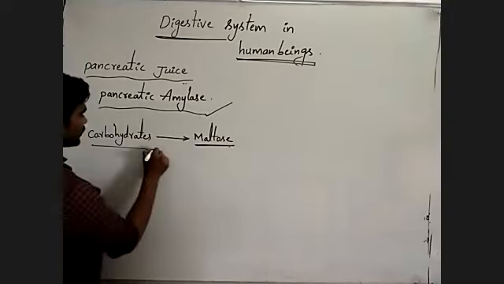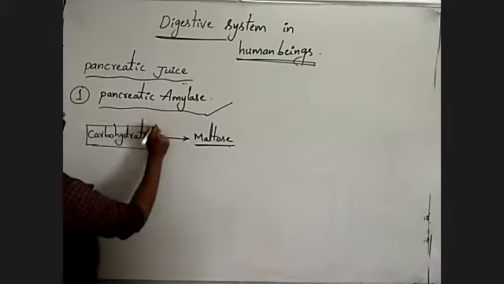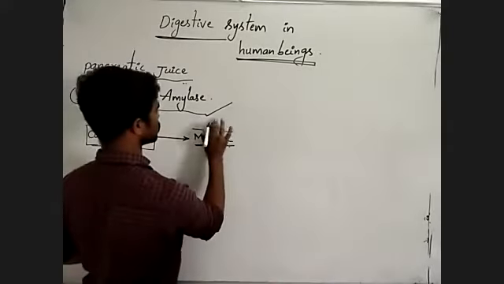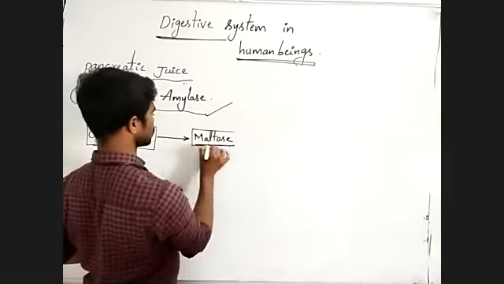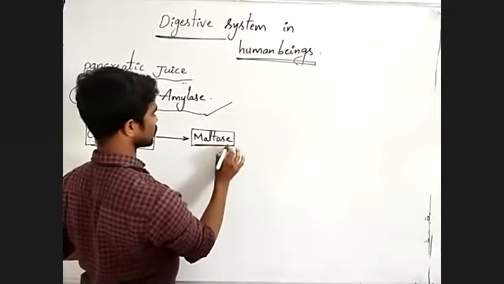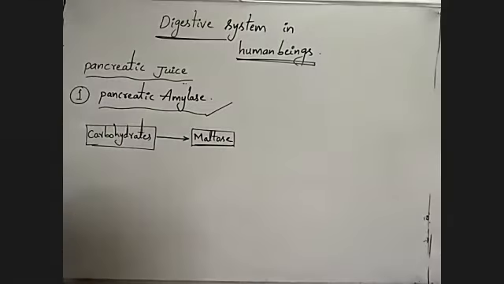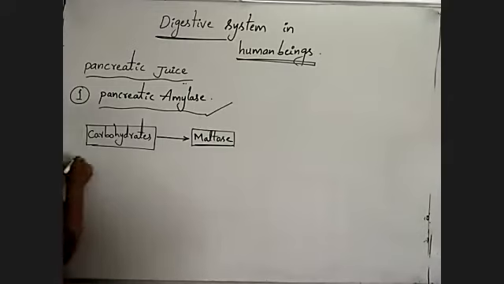Carbohydrates are broken down into maltose. This is an important function of the amylase.